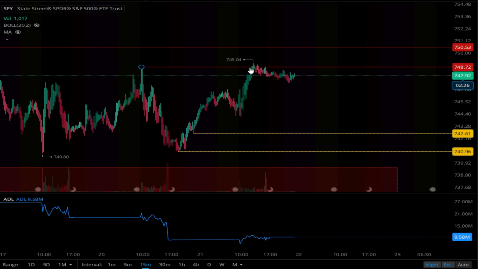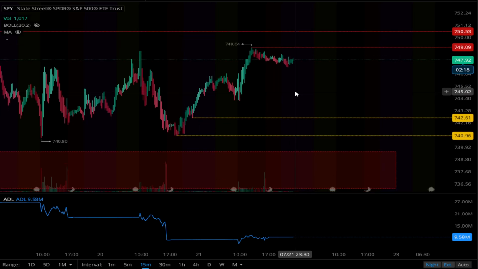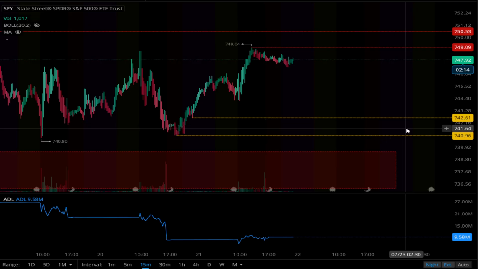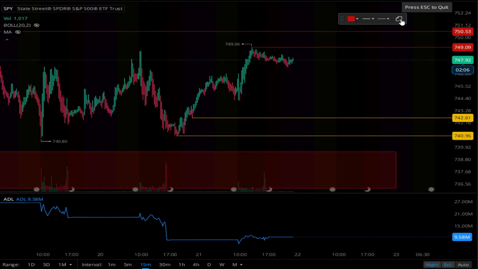Okay, so with this resistance being hit, technically the new resistance is now at that 749.04. On the downside, we had the potential of the 742.61 and the 740.96. Now, obviously, that did not play out. And because that did not play out, we have some potentially bullish structure.